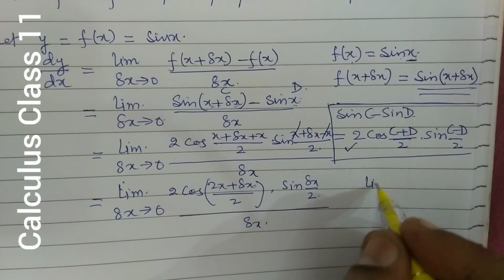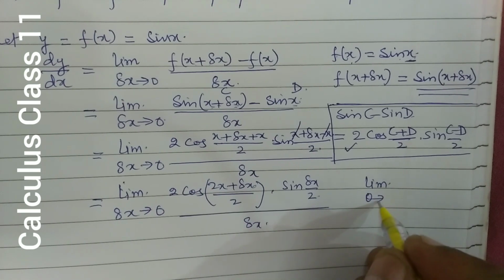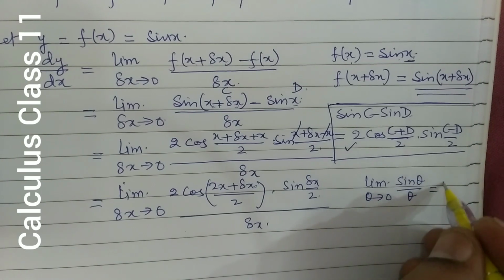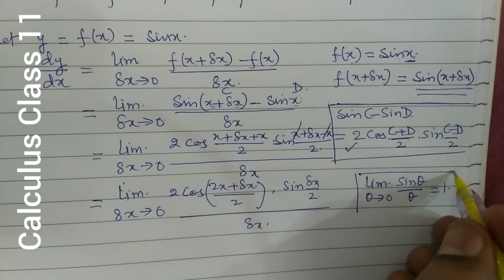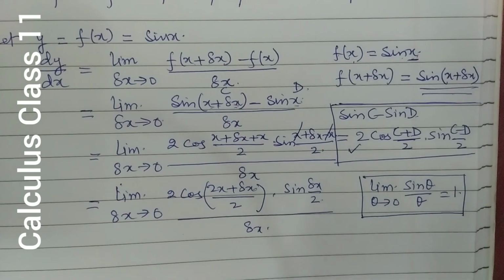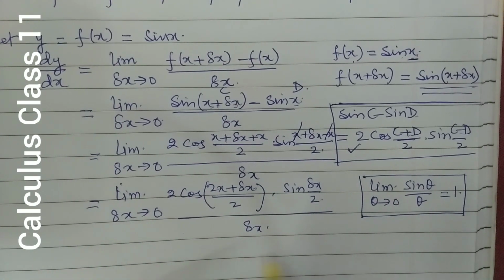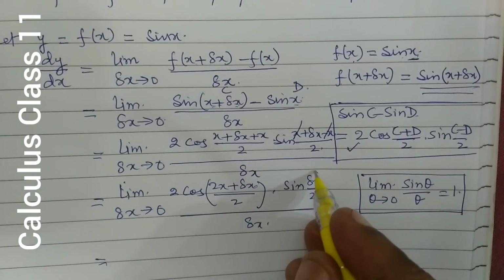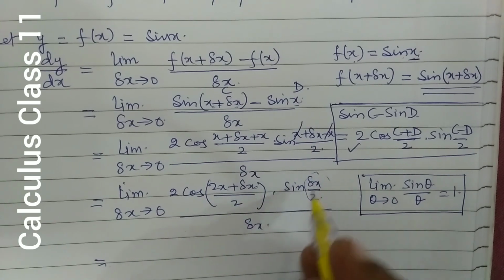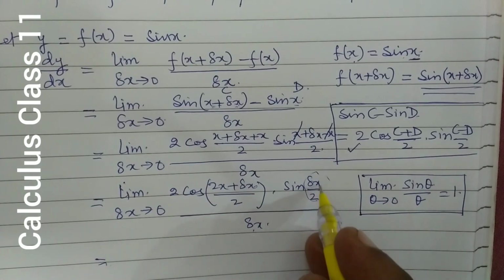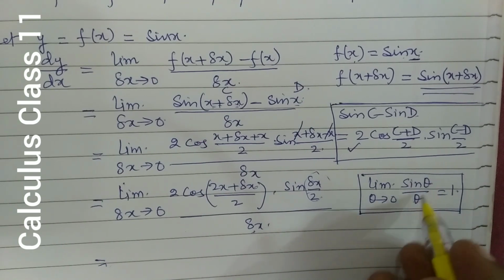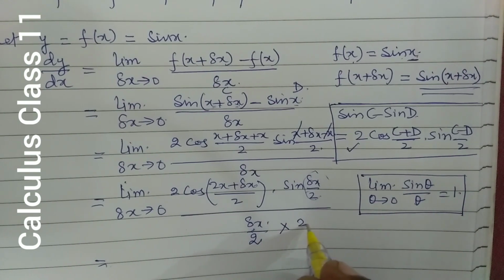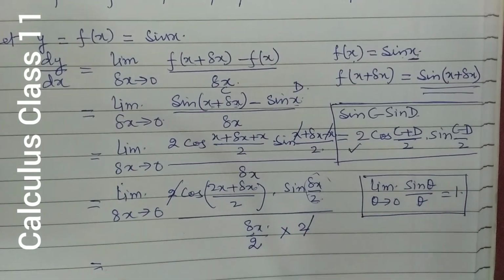As limit theta tends to 0 sin theta by theta is equal to 1, which I have discussed, where theta is measured in radian. So here, in place of theta is delta x by 2 and here is only delta x. So you will have to make it theta by theta, meaning the same. So divide by 2 here and multiply by 2, and this 2 and this 2 will cancel.